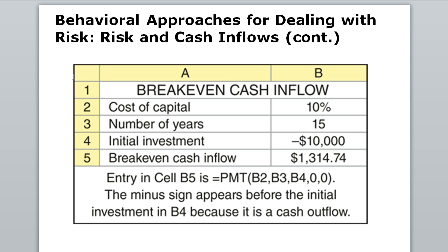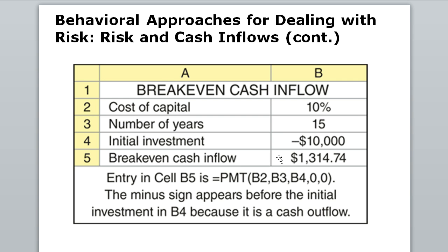So this would tell us at what amount of cash flow per year we would break even on the initial investment. So if we have a cost of capital of 10%, 15 years of cash flows, and an initial investment of 10,000, which we show as a negative because it's present value, if we use the payment formula, that would calculate a break-even cash flow of $1,314.74.